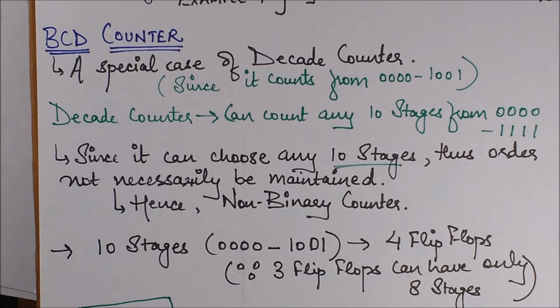But otherwise, I can also use any other 10 stages from the count of 0 to 15, right? So that is basically the difference between your BCD counter and your decade counter. A decade counter can use any 10 stages from those 16 stages, but a BCD counter specifically uses the 0 to 9 counting part, right?